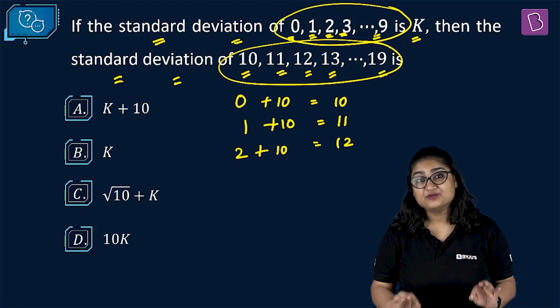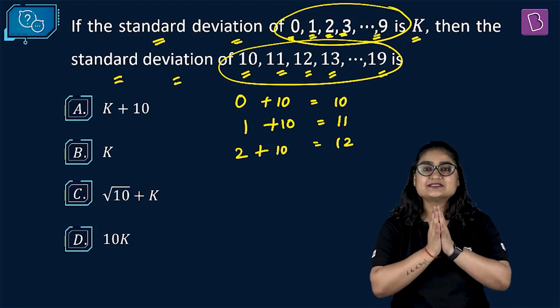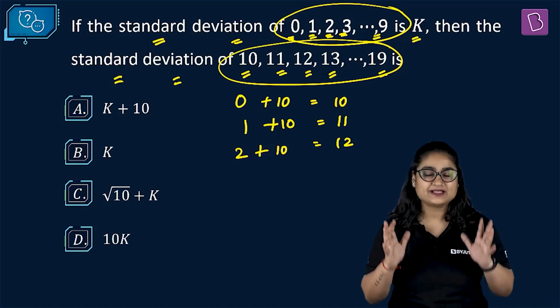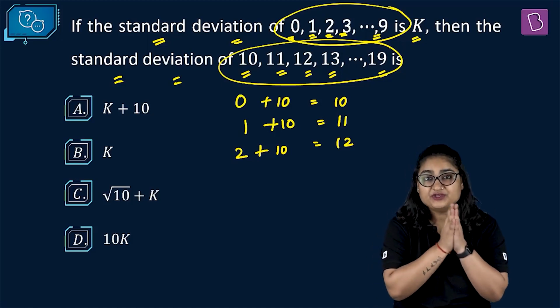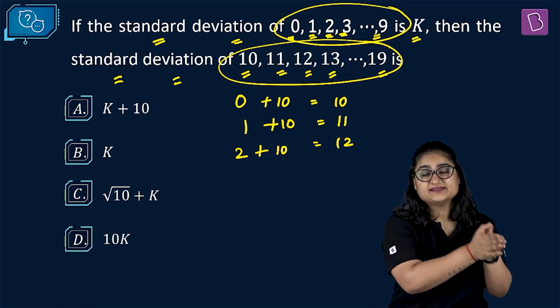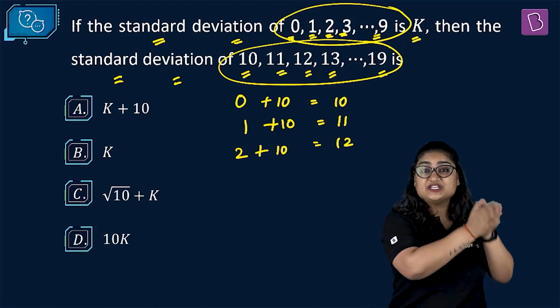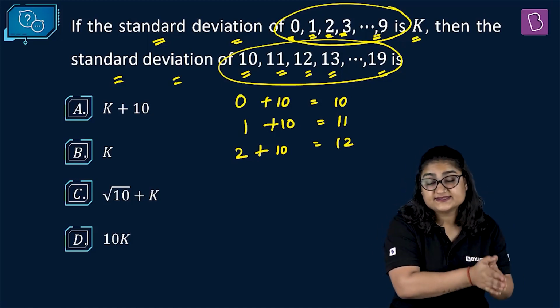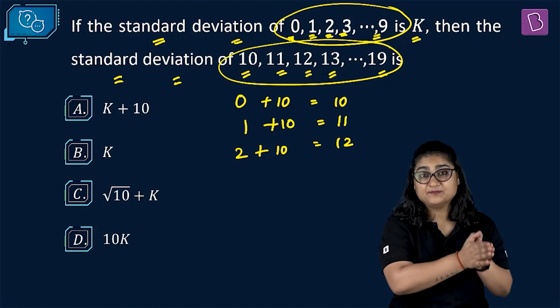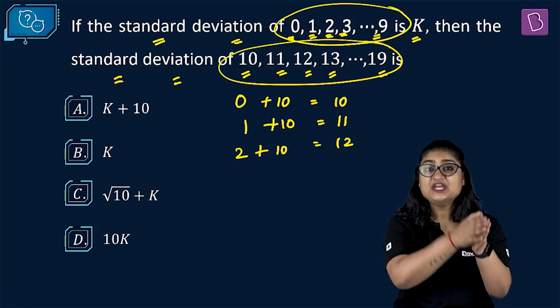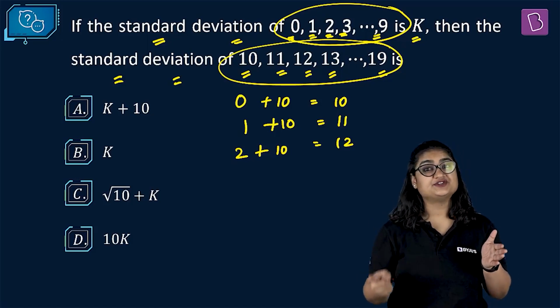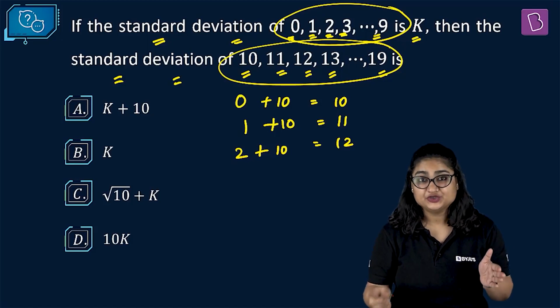All right, I am repeating again as slowly as possible. Here we have two data sets. Each and every entry of data set 1 has been increased by a constant number 10 to get the corresponding data entry of data set 2.